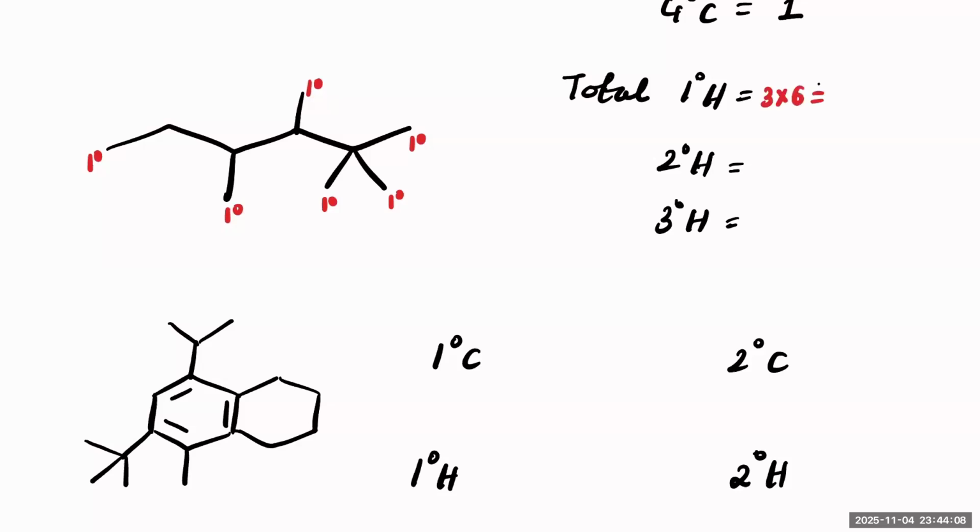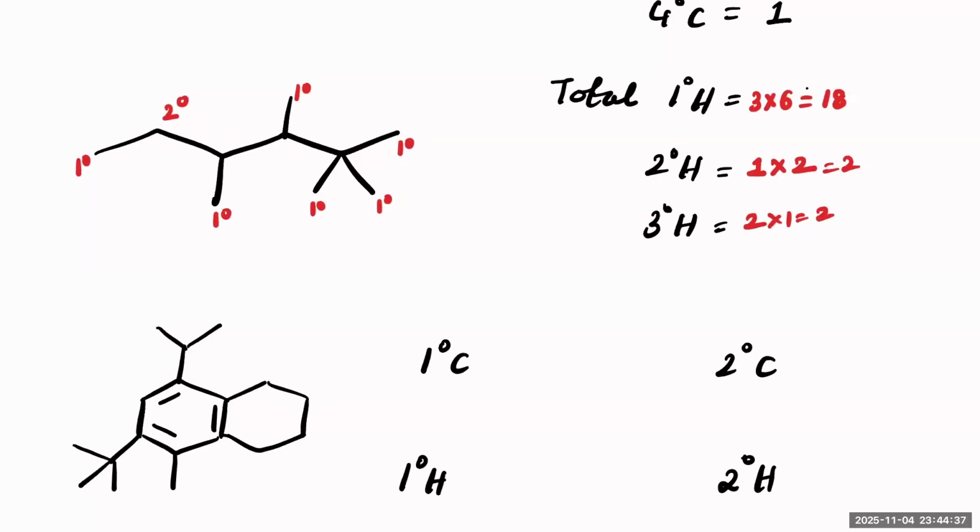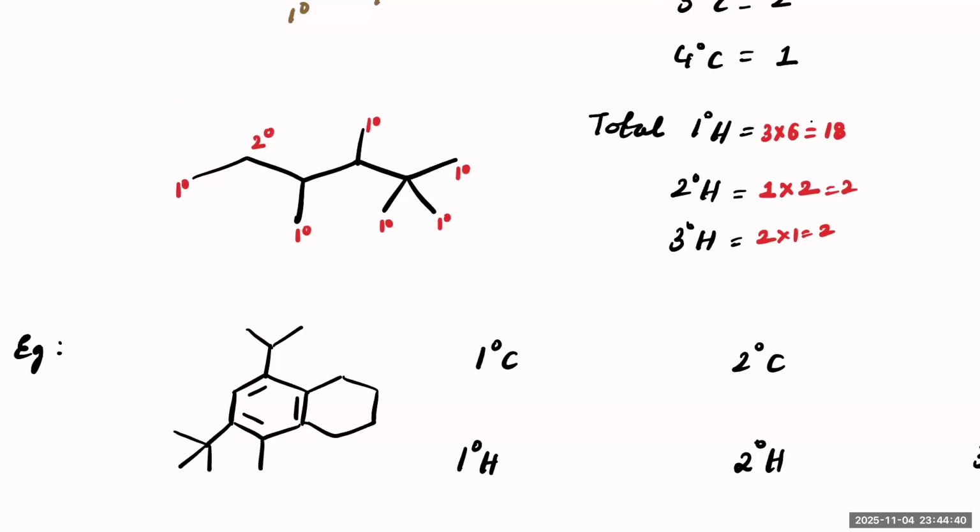So total 18 1 degree hydrogens, and then you can see 2 degree here, and only one of them is 2 degree. So since it is only one here, one into two, because 2 degree will have two hydrogens on it. Next 3 degree. 3 degree will have only one hydrogen, so one here and one here. So total we have two. So this is about number of hydrogens.